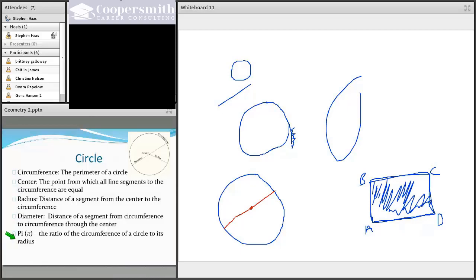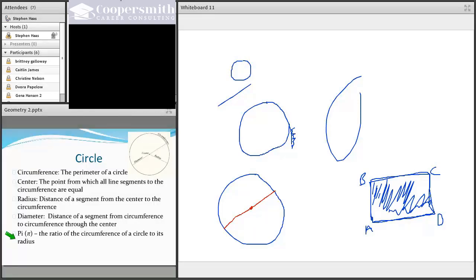That is, it's a special number. It's a number that was figured out by the Greeks, I don't know, 2,000 years ago or whatever it is. And that's really what pi is. The circumference is 3.14 times the diameter of the circle.